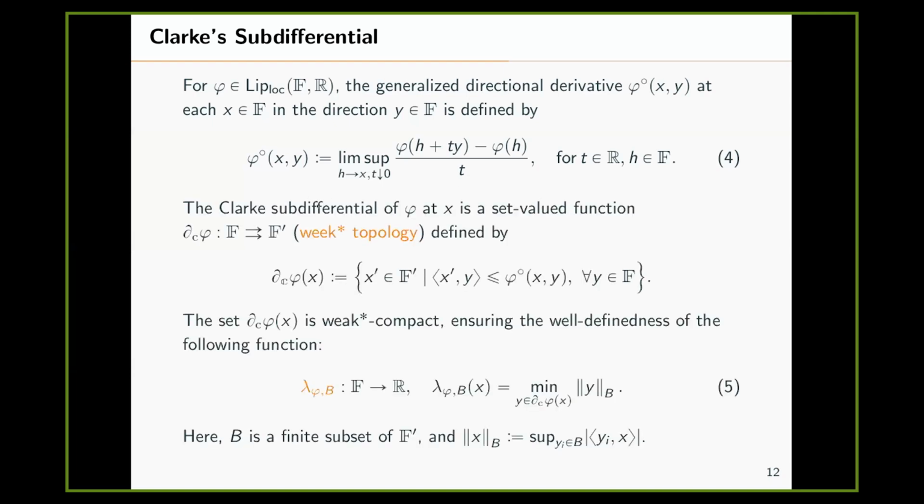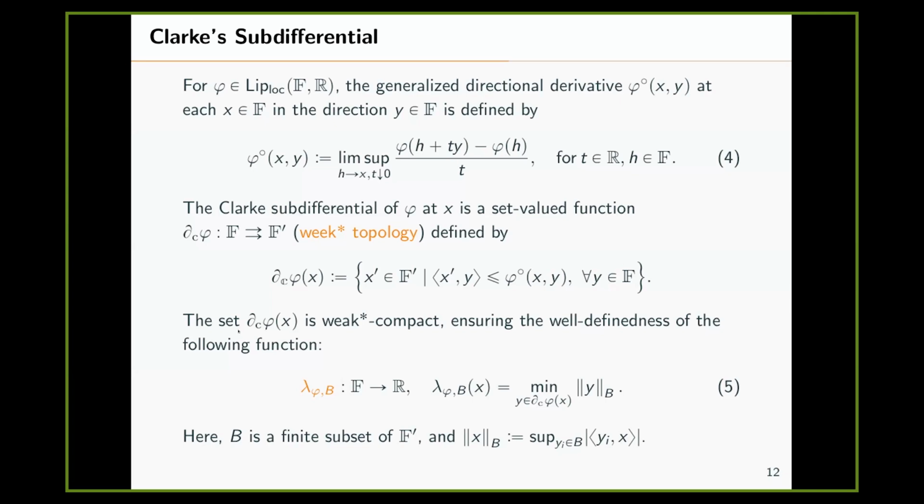Then the Clarke subdifferential is a set-valued function from the space F to its dual, endowed with the weak-star topology. It is the set of all linear continuous functionals whose values at all points y are bounded above by the generalized directional derivative. It reflects the slope of the function in all directions y.